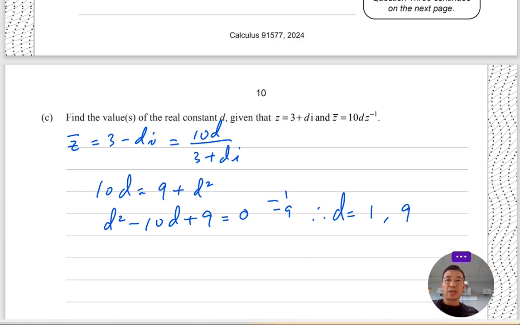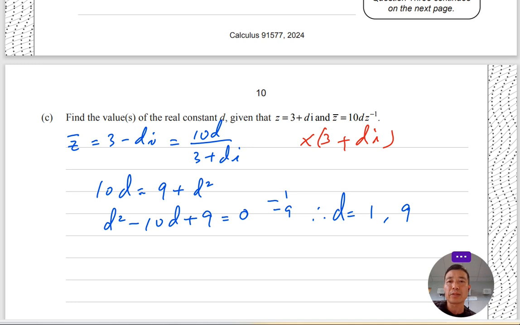Question C. Find the values of the real constant d given that z equals 3 plus di and z bar, the conjugate of z, equals 10d z to the power of negative 1. So z bar is 3 minus di, equals 10d over z, which is 3 plus di. So what I did is multiply by 3 plus di on both sides.